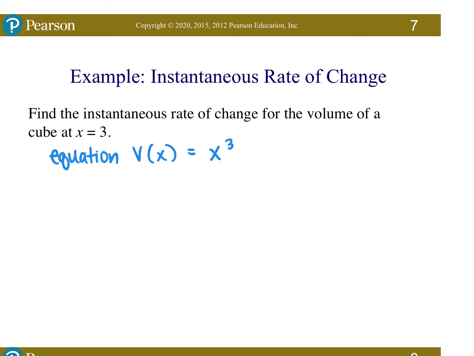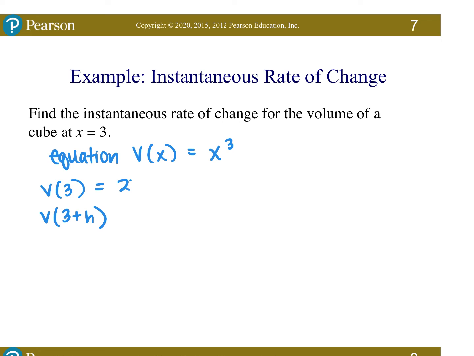Okay, hopefully you all know that. Okay, the volume, depending on x, is going to be x cubed. So we need to find v of 3, and we also need v of 3 plus h. So we need 3 itself, and we need 3 plus h, which is super close to that.